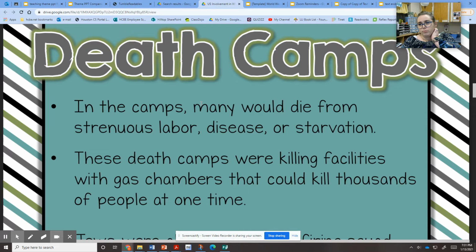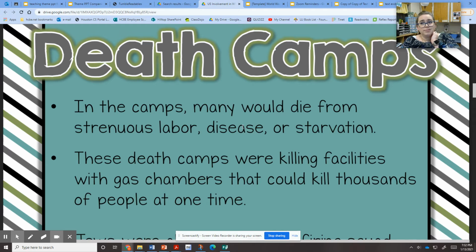Death camps was another name for concentration camps. In the camps, many would die from strenuous labor, they worked them to death, disease, or starvation. So there was lots of sickness. There were lice and fleas and rats and just all kinds of terrible things in these concentration camps. They barely fed them anything.